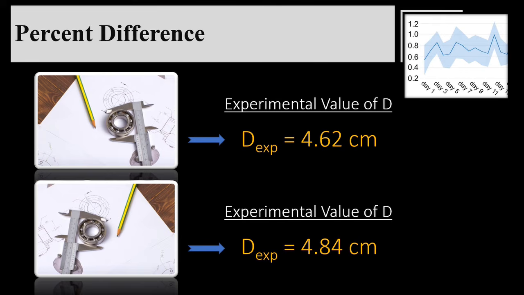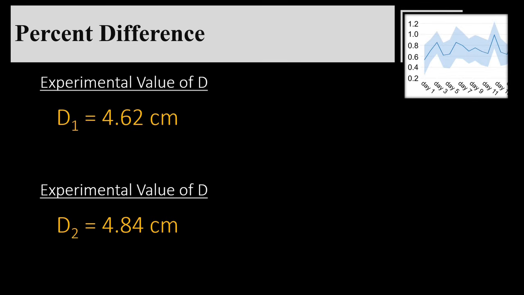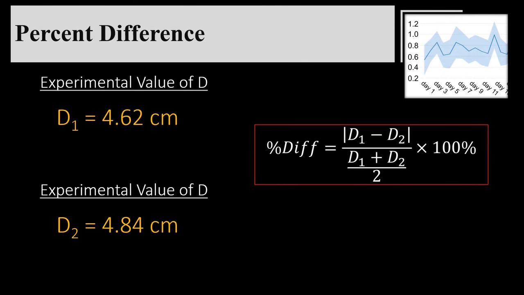Now, when you have two experimental values, then you can calculate something called the percent difference, which is given by the difference between these two values divided by their average times 100%. And notice that we have the absolute value, so it's always a positive number. Now, in this example, if you use your calculator, you'll find that the percent difference between these two readings is 4.65%.